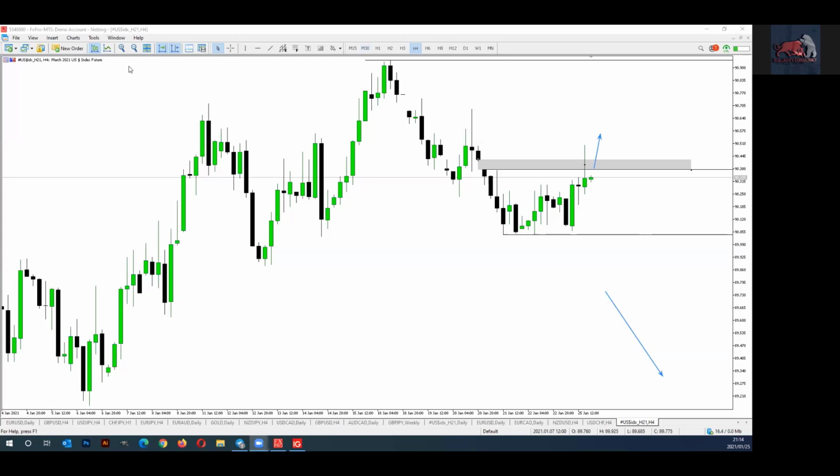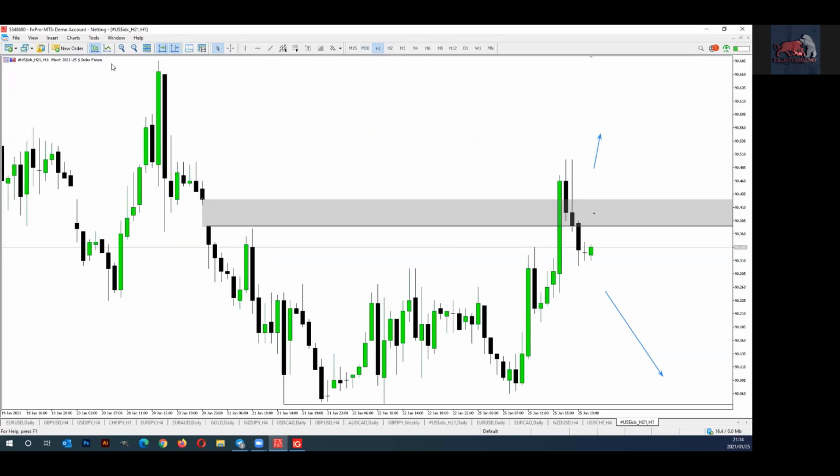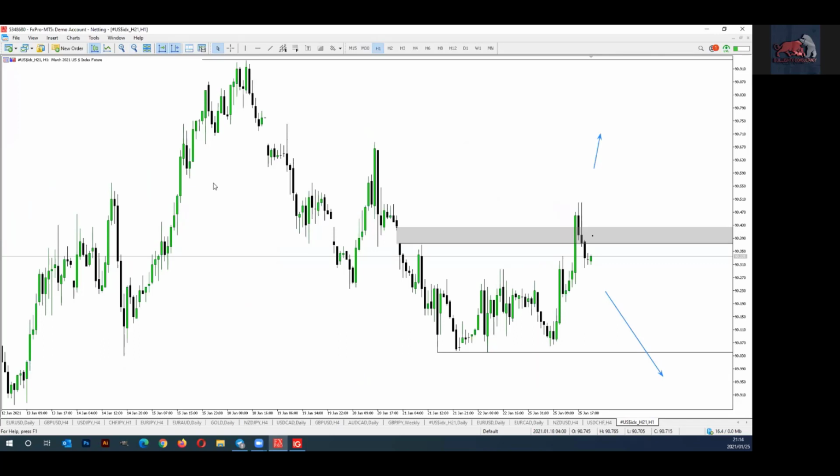the most difficult thing for most traders is to wait. I know people are not patient enough, but you must have the ability to wait for price action to come to your zone. For instance, personally, I'll only be interested in long positions on dollar index if we trade and close above 90.380, or if we take out the sell stops below these equal lows here.